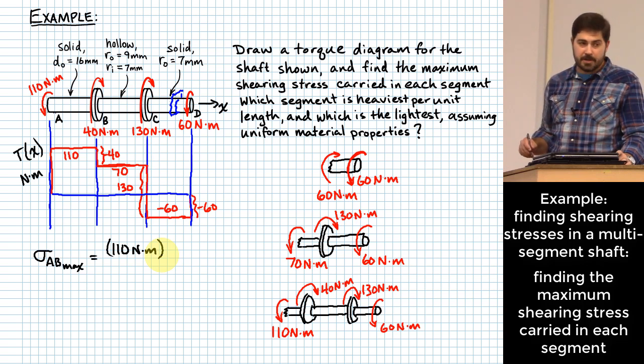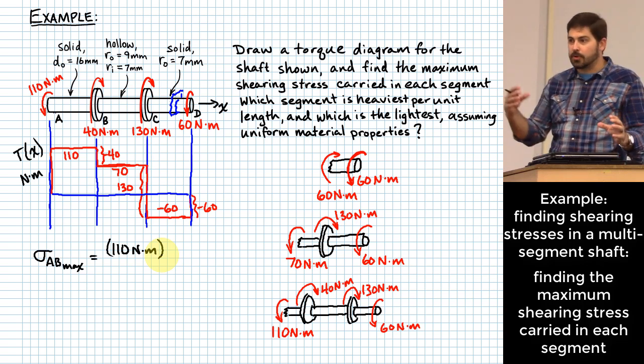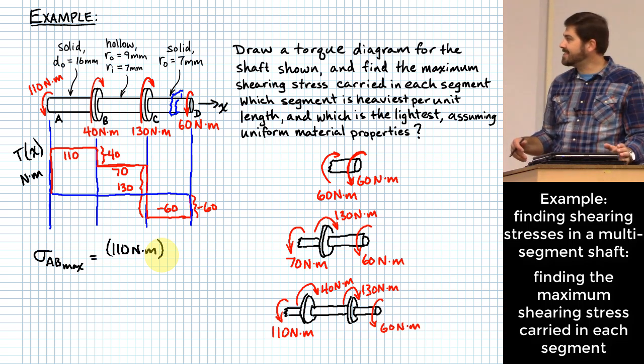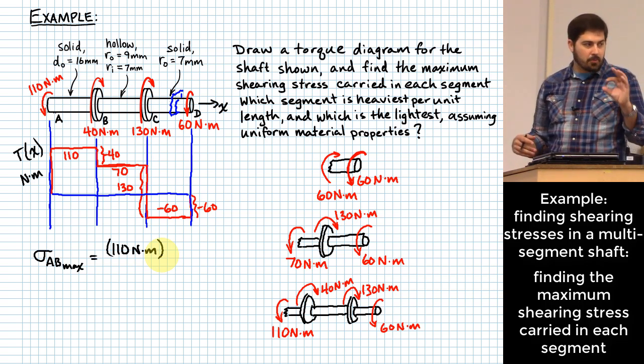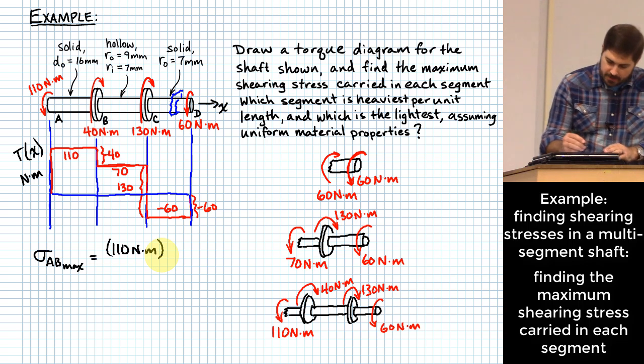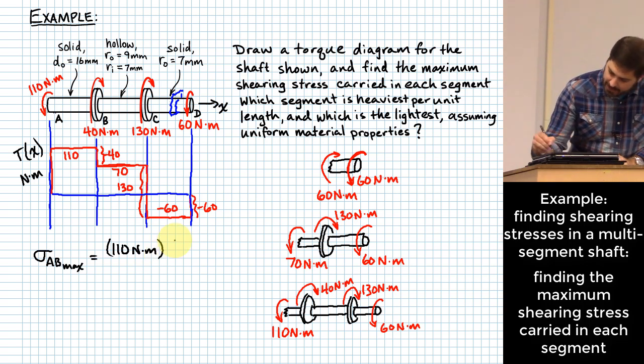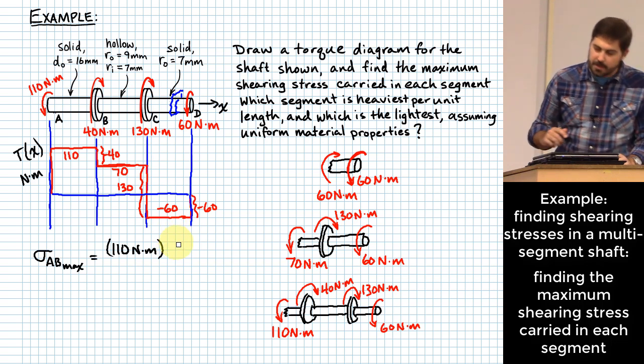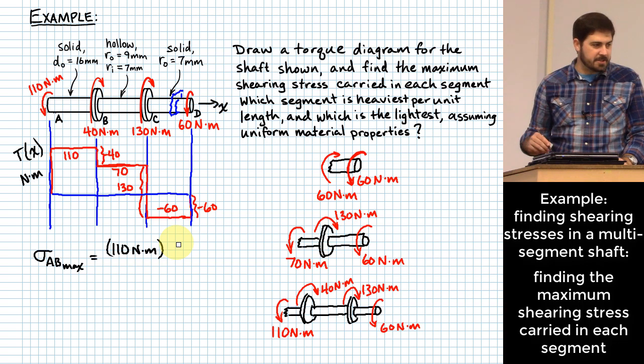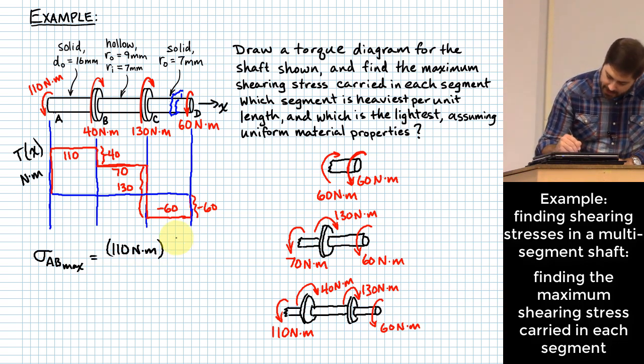Yeah, 8 millimeters because it's going to be the diameter over 2. Because when I look at C, C is an outer radius, right? So I'm going to take that 16 millimeters divided by 2. Okay, and if you want, we can turn it into meters. That might make our job a little bit easier after a little while. So if we do that, we could say it is 0.016 meters over 2.